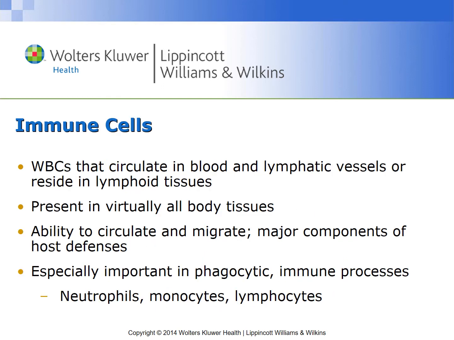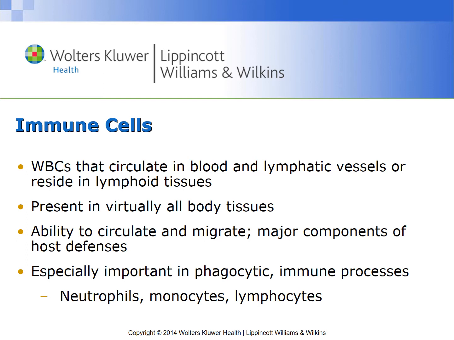Our immune cells are our white blood cells that circulate in the blood and lymphatic system, and it's very complex, but it's fascinating when you read about it, and I think I posted something in Unit 2 to try to simplify that a little bit.